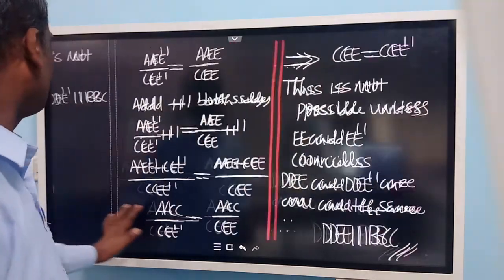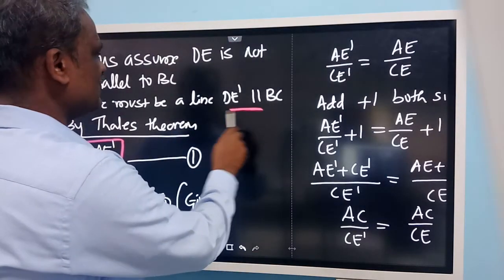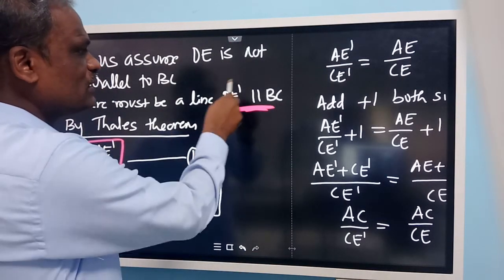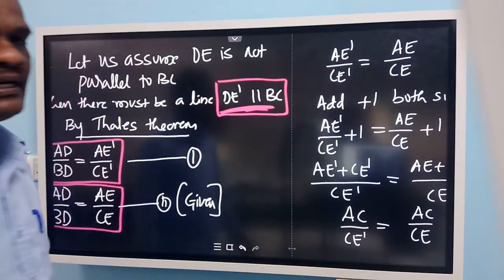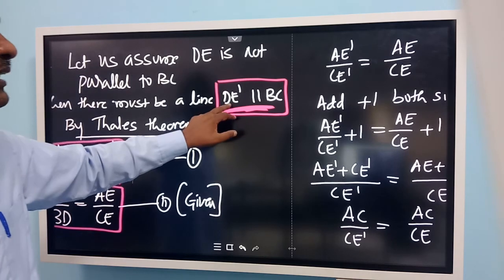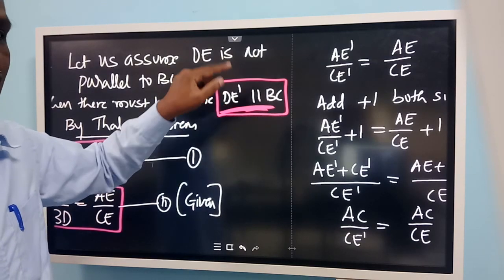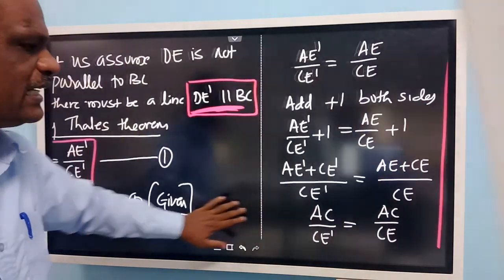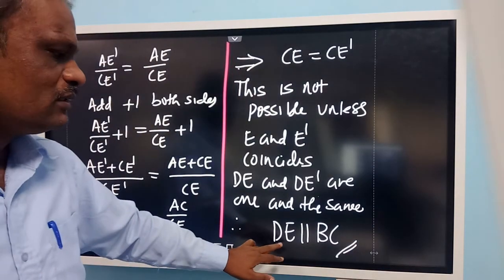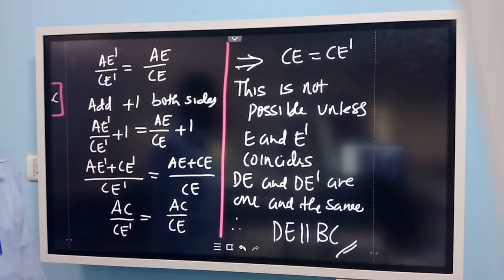In the statement we had taken D dash parallel to BC as an assumption. We have proved that E and E dash are one and the same, so D and D dash are the same. Therefore DE is parallel to BC. That is the conclusion.